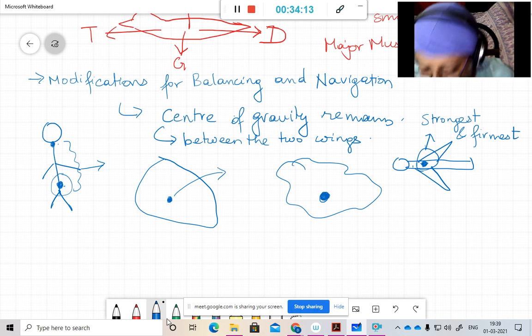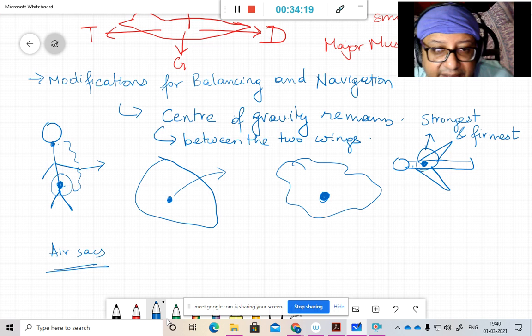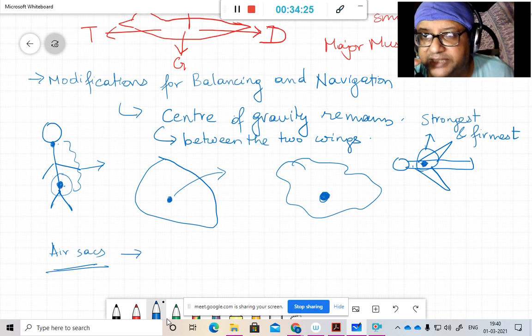Then of course you have the presence of air sacs inside the body. Small air sacs are present, and these sacs actually help to float in air.